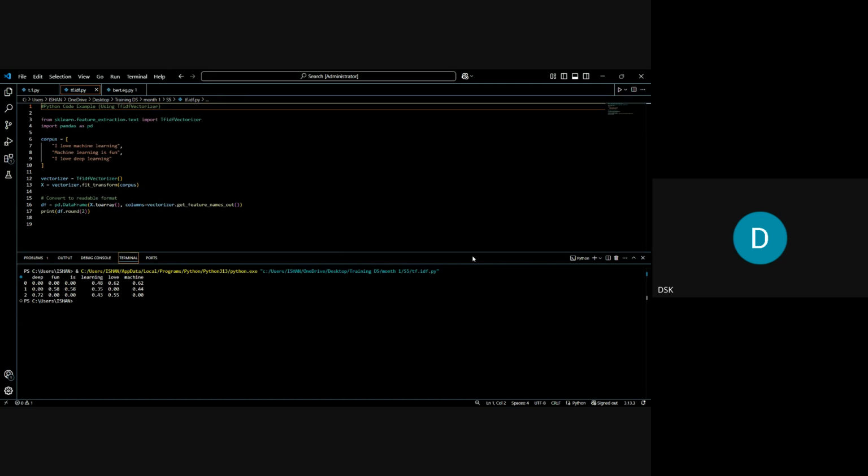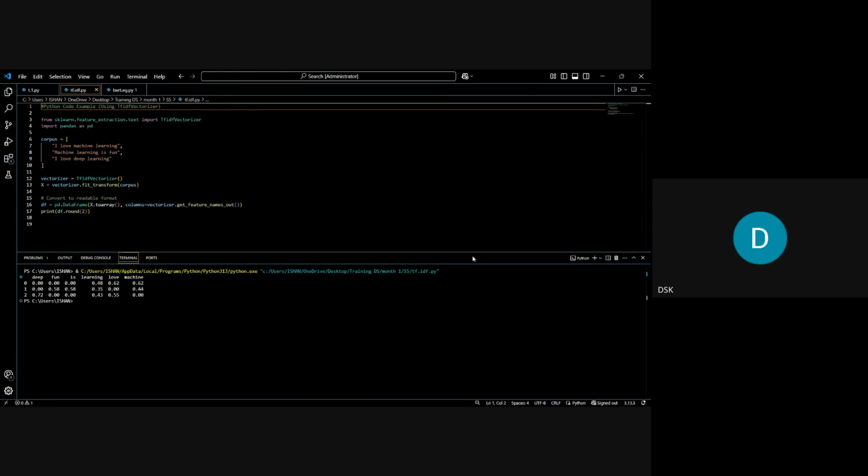And as you can see, row 1 contains fun, is, learning, machine, and love is not present here, so that's why it is 0. For row 2 also you can see that deep has a high TF-IDF because it is rare across all documents but common in this one.